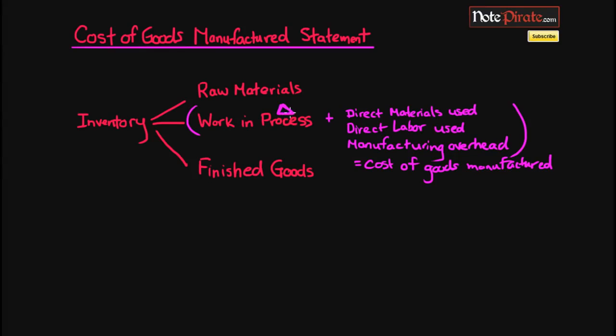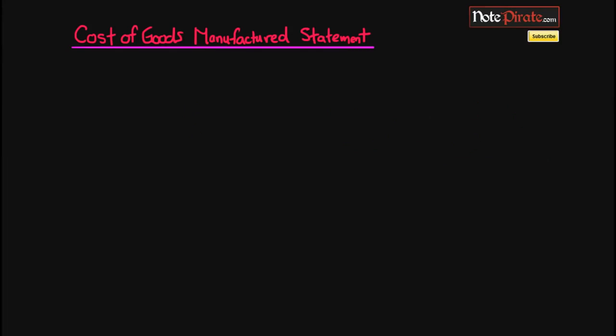So let's go ahead and start preparing our cost of goods manufactured statement. First up, we're going to be talking about direct materials. So I'm going to make a little heading that says direct materials, and we're going to take the raw materials beginning balance. Let's come up with some arbitrary numbers.